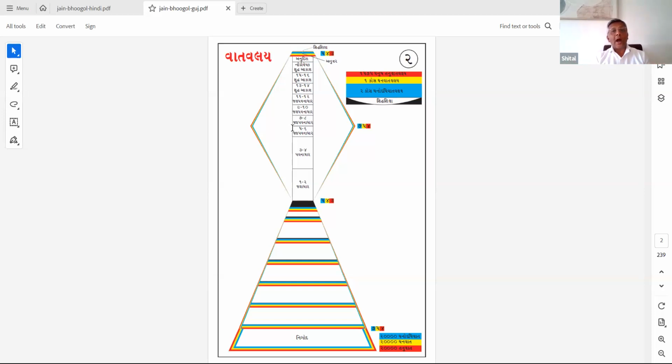Your whole car is actually moving on air, because it's moving on wheels, and the wheels are essentially air surrounded by rubber. So the winds have this strength; they are able to carry a great amount of weight, like the aeroplane. When the aeroplane takes off, it is being supported by air. So winds have the strength to support huge objects. In a similar way, these three winds are supporting the whole lok.